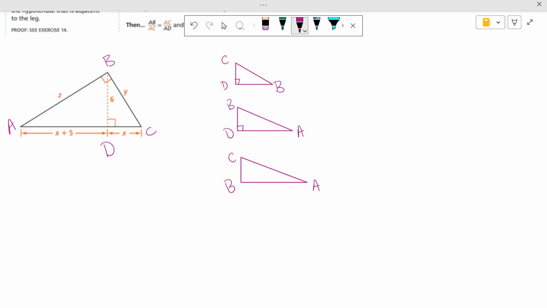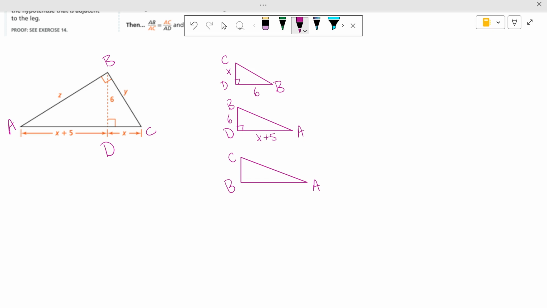And then you get all the numbers from here, put them over here. So I know that CD is X, so an X goes here. I know BD is 6, so 6 goes here and here. I know AD is X plus 5, so X plus 5 goes there. Well, that's the only place it goes.